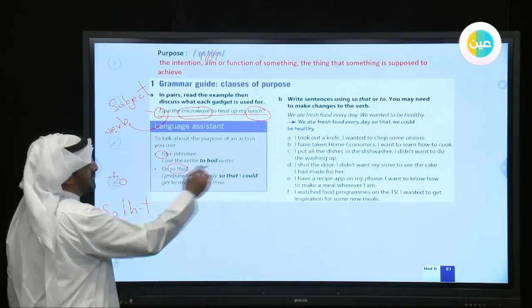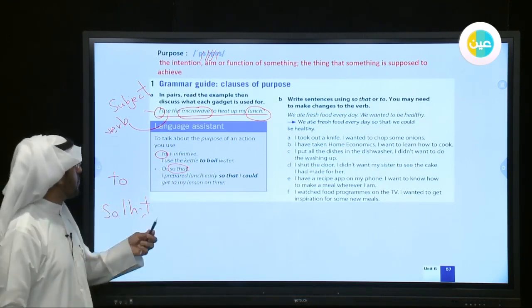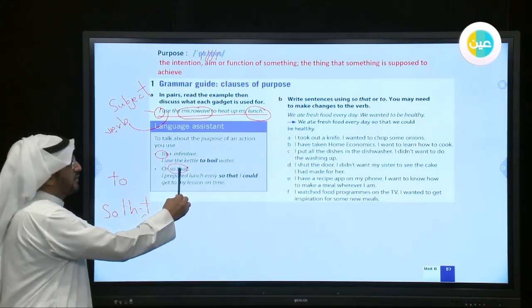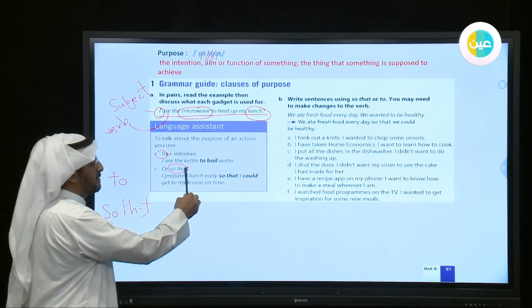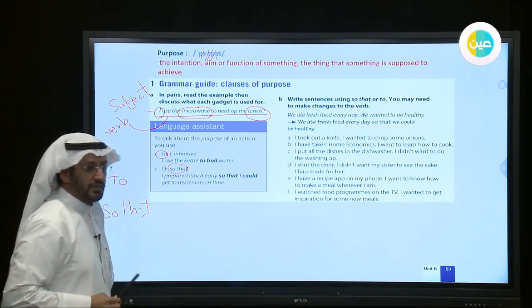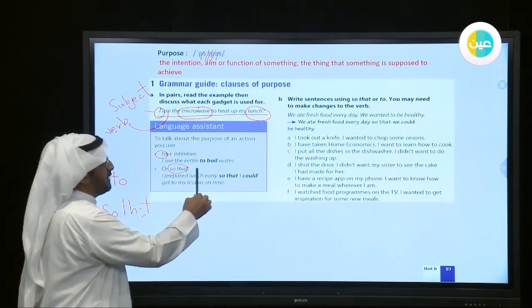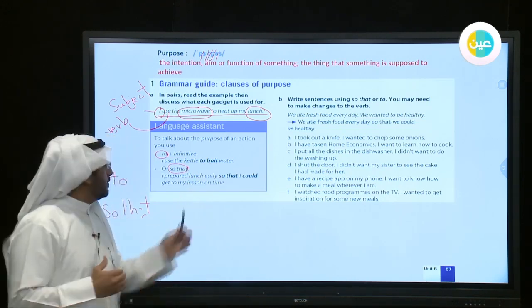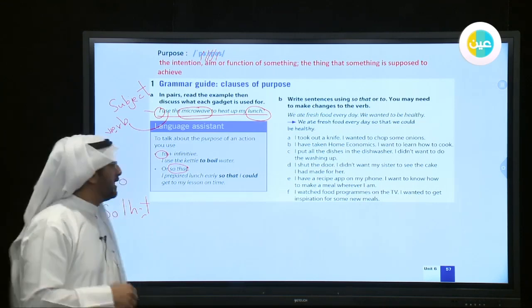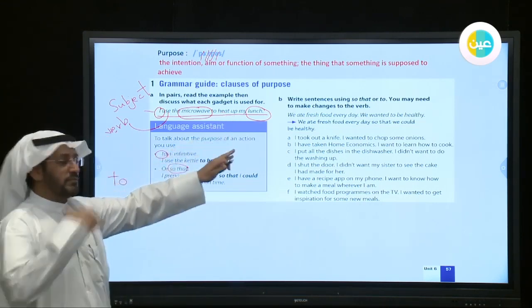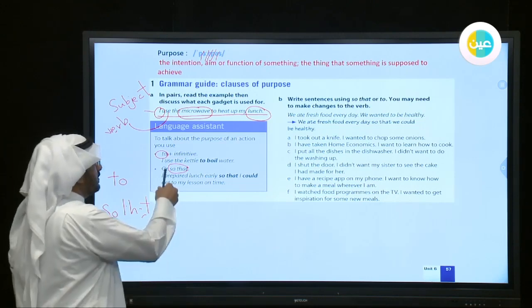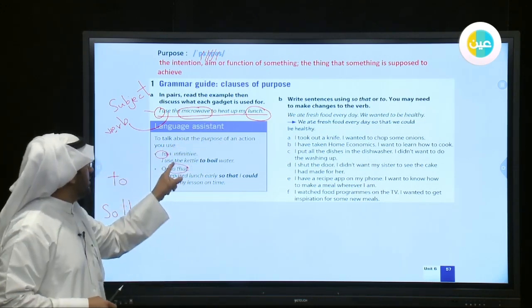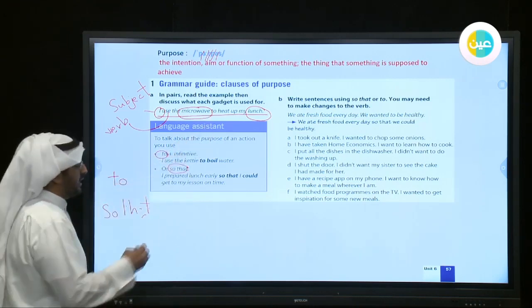So look at this example: I use the kettle to boil water. Boil water means become hot. Kettle means a gadget.